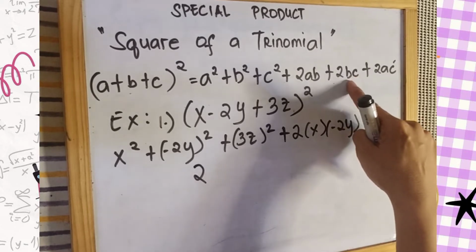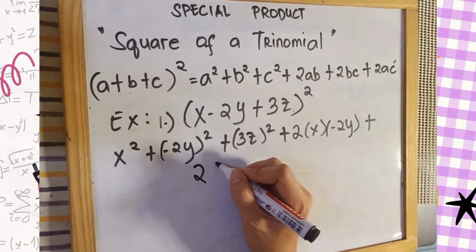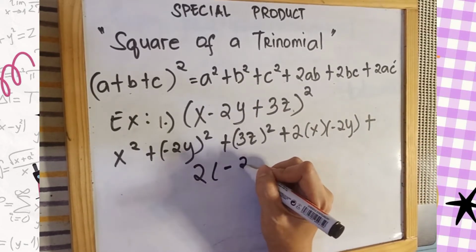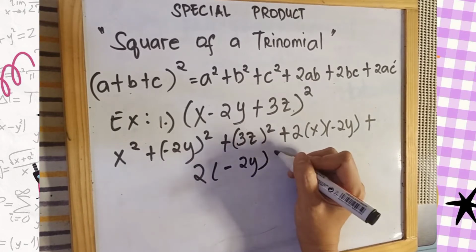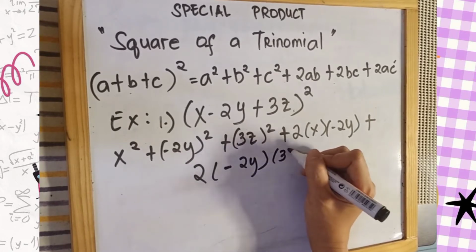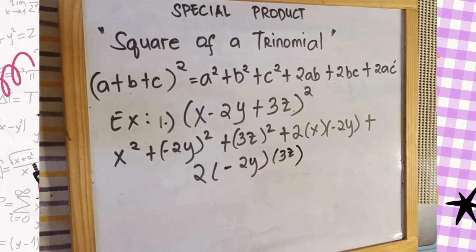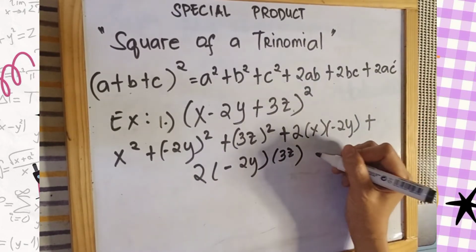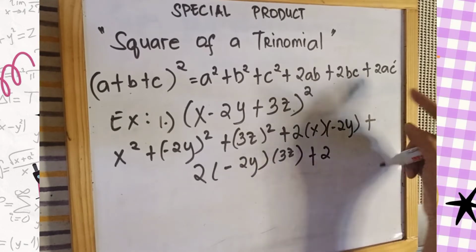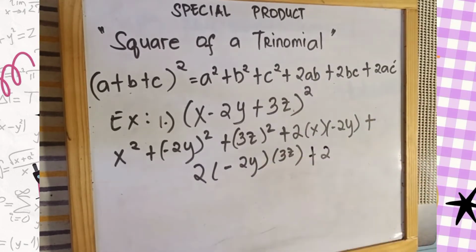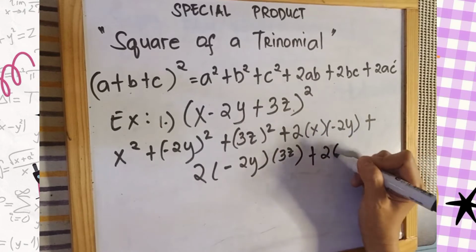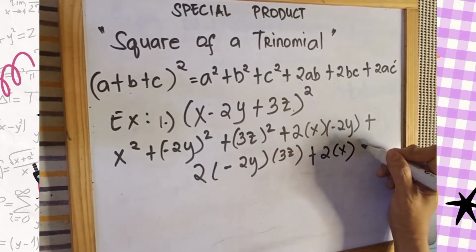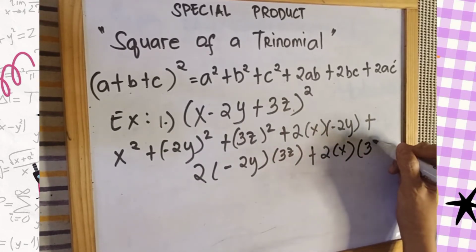That is our second and last term. So, 2 times our second term, 2y, and third term, 3z. Okay? And then plus 2 times ac. So, plus 2 times our first and last term. Our first term is x and our last term is 3z.